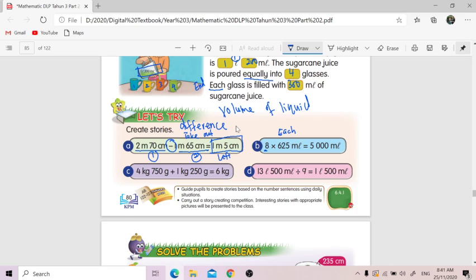So for a volume of liquid, you can use glasses, you can use bags. Because normally liquids we put in a container. So we can mention the objects that hold the liquid.